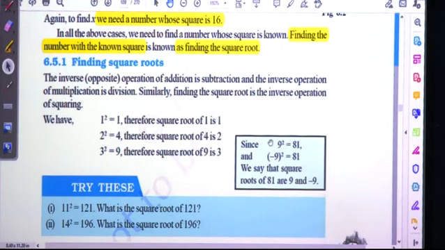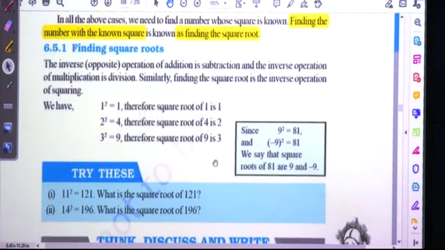Here the sign of 9 is positive, plus, and minus 9 square means minus 9 multiplied by minus 9 is equal to 81. We say that square roots of 81 are 9 and minus 9.